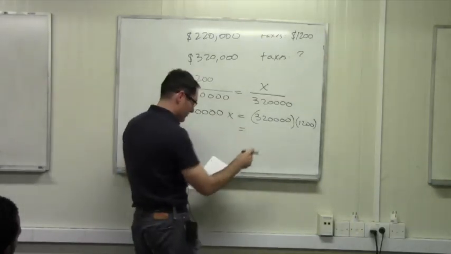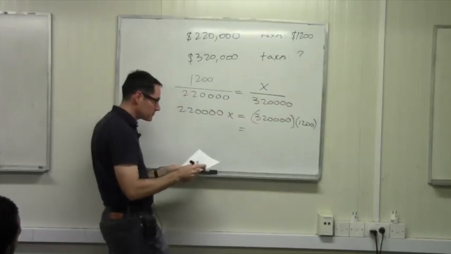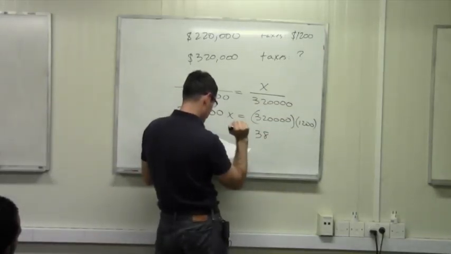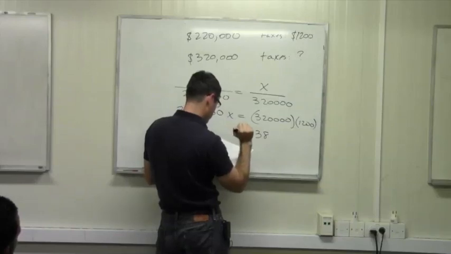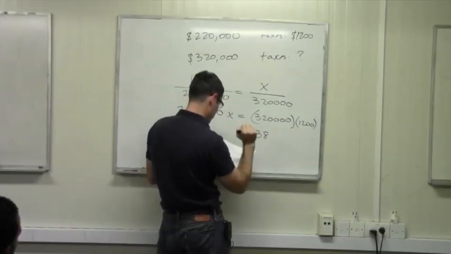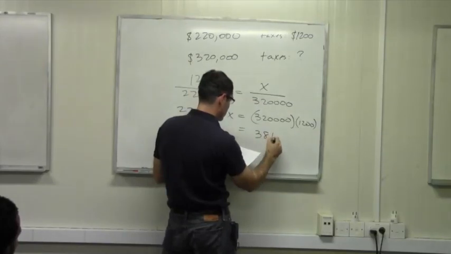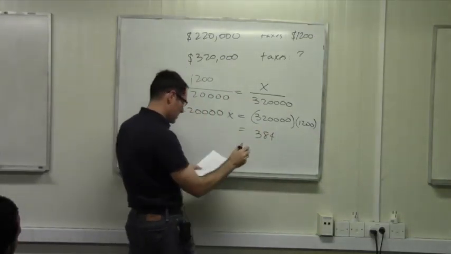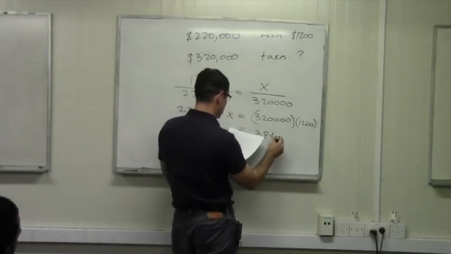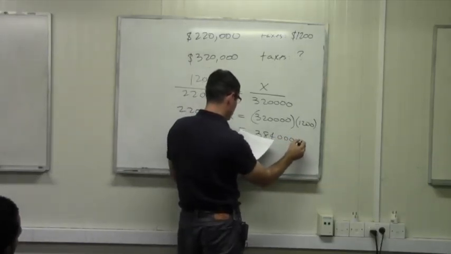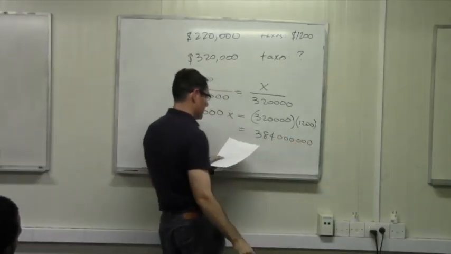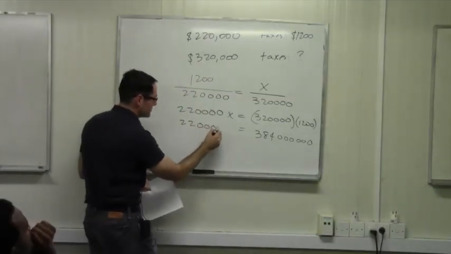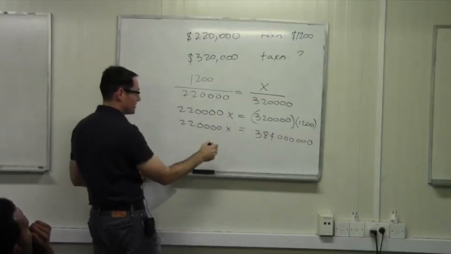So let's see. If you do this on your calculator, this becomes 384,000. Is that right? Doesn't seem right, but I guess it is. 384. That doesn't seem right. Yeah, I guess it is. 384,000,000 then equals 220,000 x.